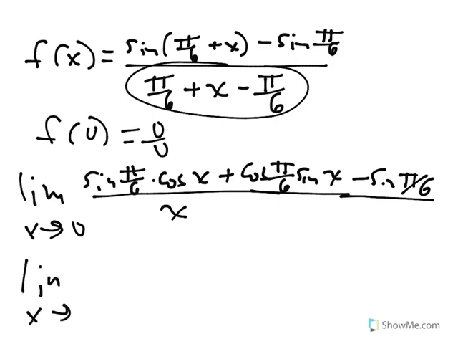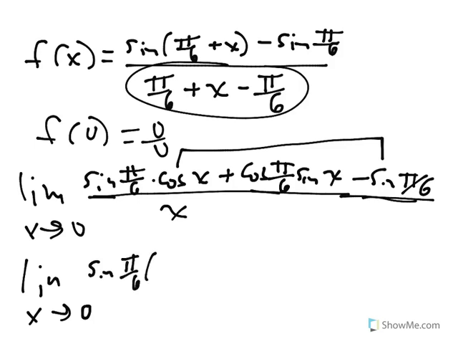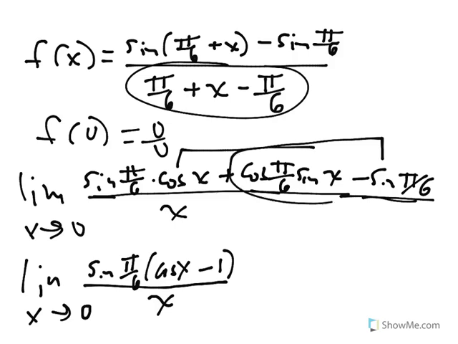Now I can do a little more with this algebraically. I'm going to put these two things next to each other and factor out the sine pi over 6. So I get cosine x minus 1. And I'm also going to split these guys up, so like I'm going to put this in its own term.